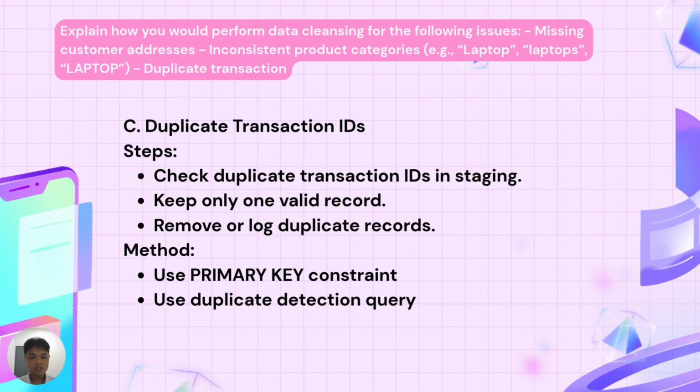And for duplicate transactions, we can check duplicate transaction IDs in staging and keep only one valid record, or we can remove and log duplicate records. We need to use primary key constraints and a duplicate detection query. And that is for section B.